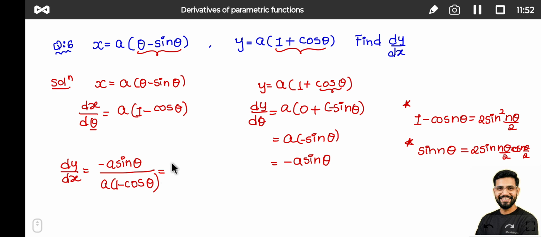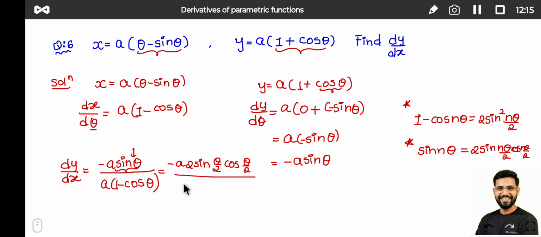In the numerator, this minus a as it is, here it is given sin theta, so n is 1. Number is not there, that means 1. So sin n theta means 2 sin n theta by 2 into cos n theta by 2. So sin theta can be written as 2 sin theta by 2 into cos theta by 2.